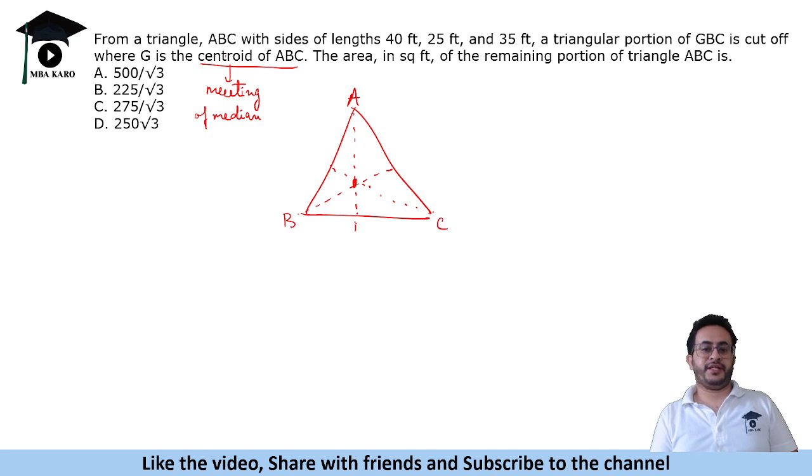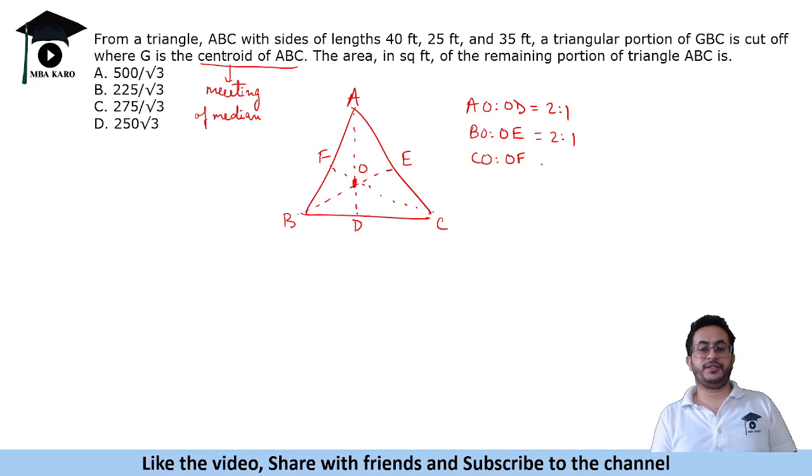So first property is that, let's say this point is O, so AO ratio OD is 2 ratio 1. Okay, so it applies to all medians. So let's say this is E, this is F, so similarly BO ratio OE or CO ratio OF, that is 2 ratio 1.